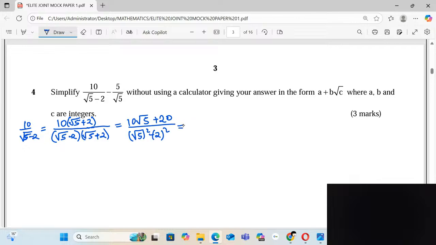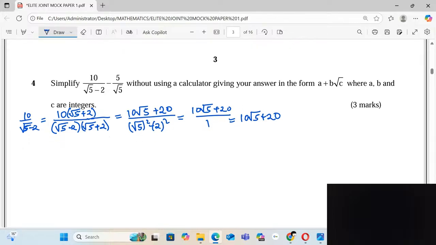So this one will give us 10 root 5 plus 20 over 5 minus 2 squared. You're going to get 1, so that your answer remains 10 root 5 plus 20. So that is our first part.